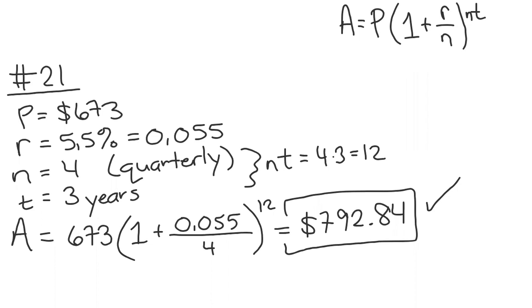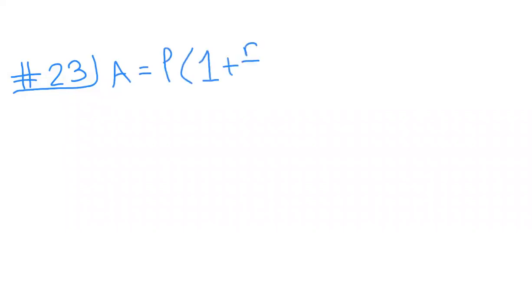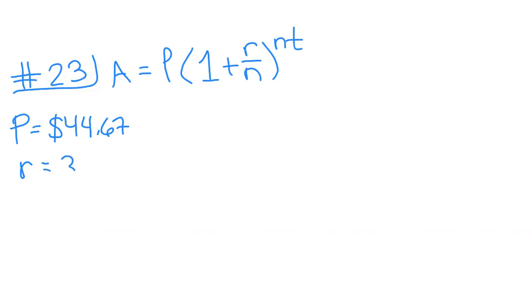Number 10 is number 23 in the book. Number 23 in the book asks us again for future value using our compound interest formula. They tell us this time that P is $44.67 at a rate of 3.5%, which is 0.035.